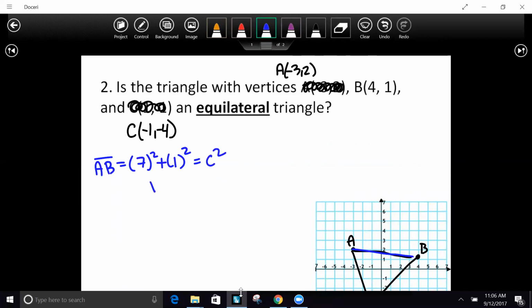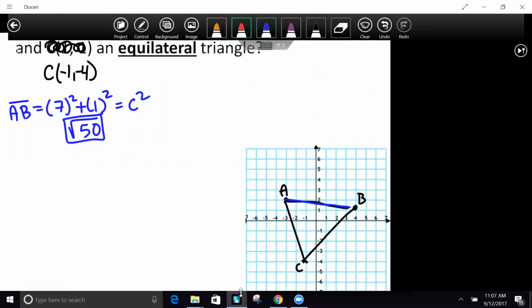I'm going to get the square root of 50. Does this help us with anything? Nope. We got to do more sides. BC is going to go back and up. So this is by 5 by 5.